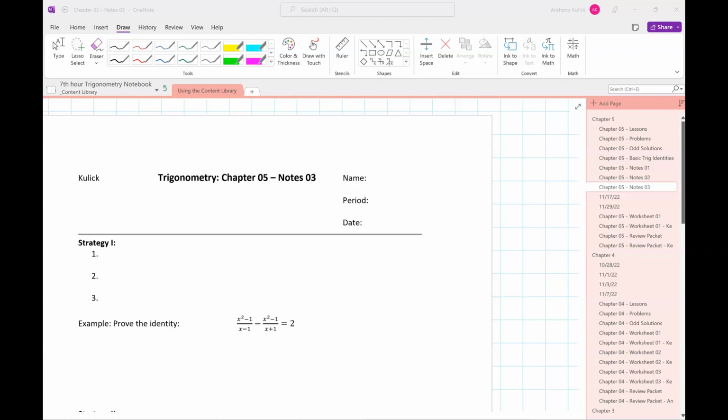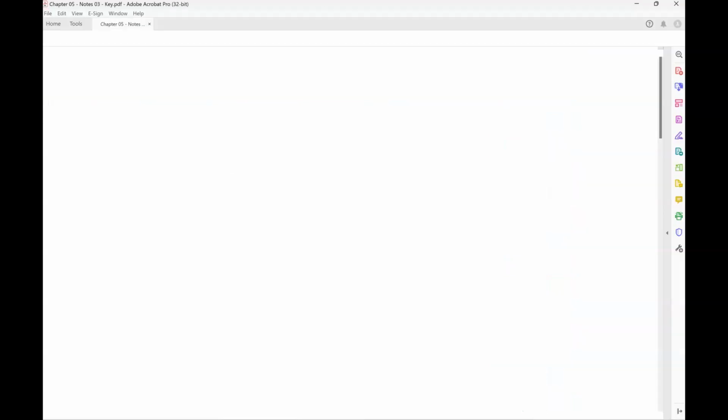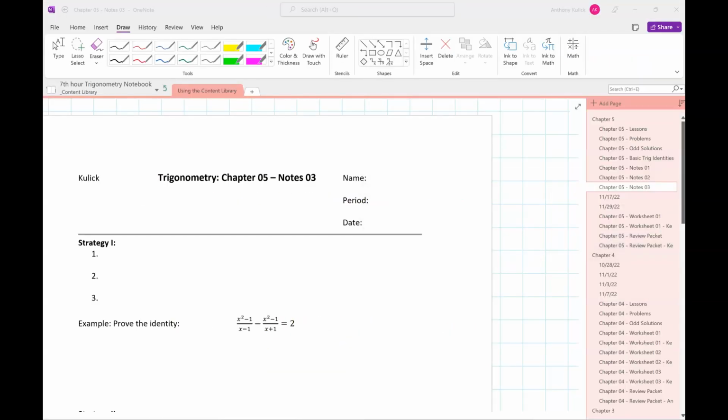I promise it's okay. Because we're not doing like geometry proofs here. Okay? We're doing algebraic proofs. And that's a decidedly different thing. So this will have a little bit different feel to it.